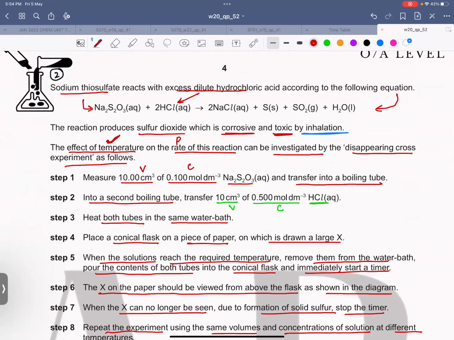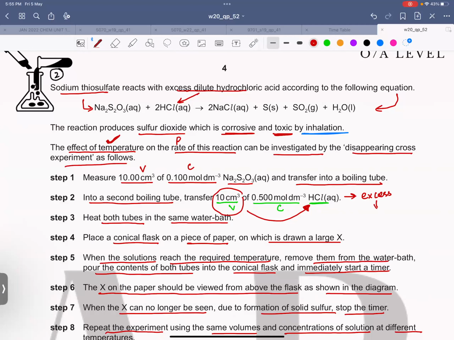For example, if you read the first line, it is stating that sodium thiosulfate reacts with excess hydrochloric acid, right? So it means that this 10 cm³ of hydrochloric acid is already in excess, right? So if it's in excess, then accuracy doesn't matter, because if it's 0.1 cm³ less or 0.1 cm³ higher, it doesn't matter.